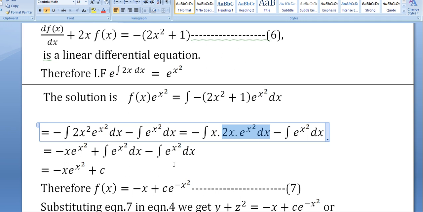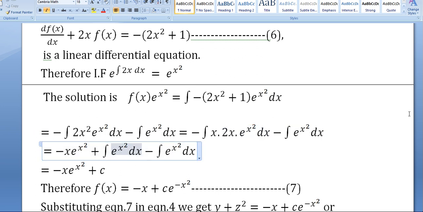So when I apply integration by parts, I will write minus x as it is. Integration of this entire term will become e power x square. Then minus into minus will become plus. Integration of this will become e power x square into differentiation of x, which is 1, into dx, and write this integral as it is.